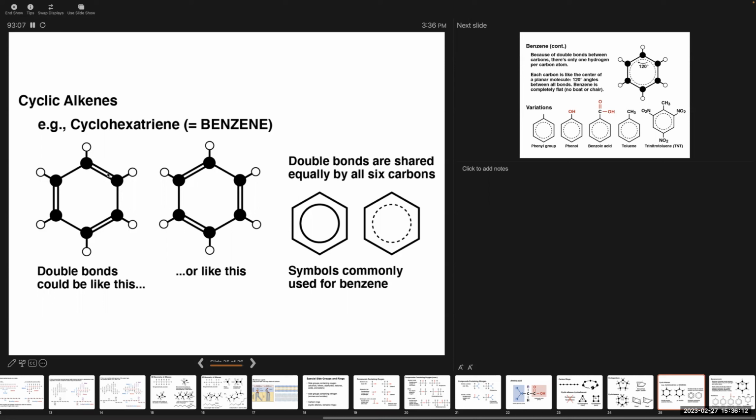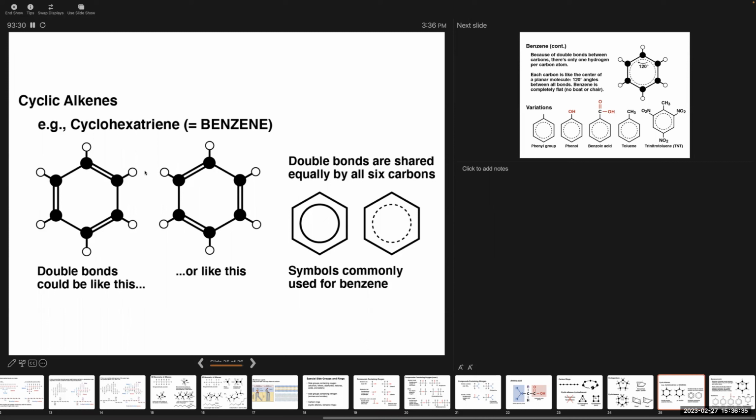Now, you could draw it like that with the double bonds on the left, the upper right, and the bottom right, or you could draw it just like this, like you see over here on the right, where the double bonds are now in the upper left, bottom left, and on the right-hand side. And for a long time in chemistry, they would teach you that the double bonds actually oscillated back and forth.